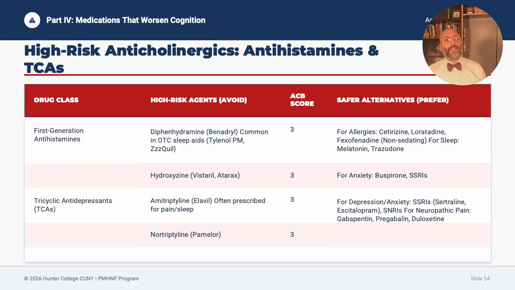For anxiety, buspirone and SSRIs are preferred. For neuropathic pain or depression, we want to consider SNRIs, gabapentin, pregabalin, duloxetine, instead of TCAs. If a patient has cognitive impairment and is taking diphenhydramine, hydroxyzine, or a TCA, that medication should trigger an immediate review. These drugs are modifiable risk factors for cognitive decline, and deprescribing them is one of the highest yield interventions.